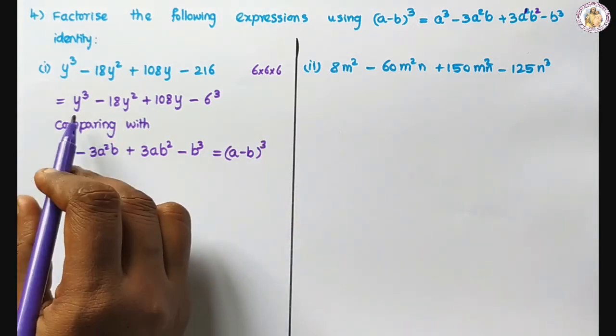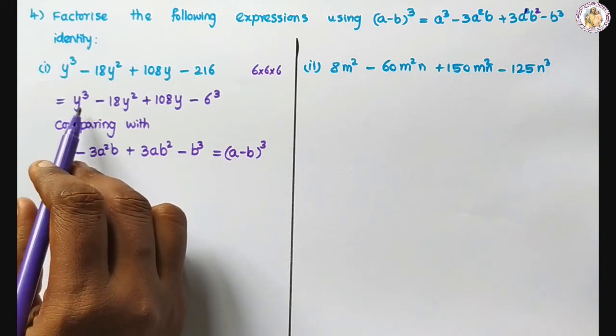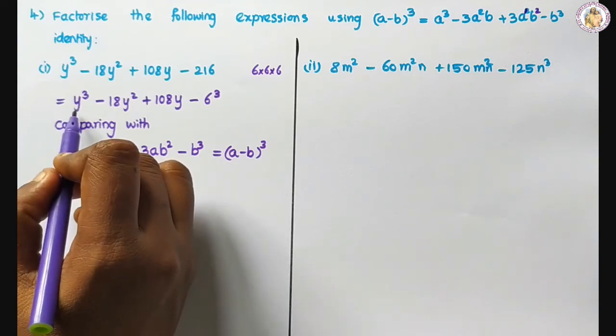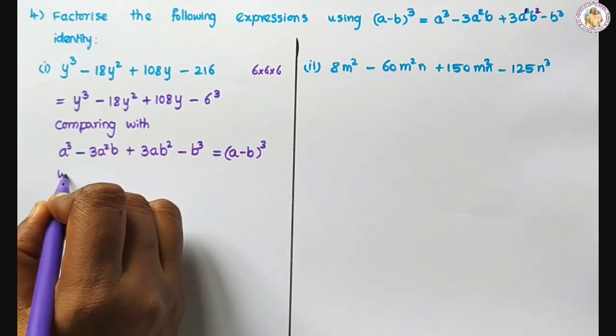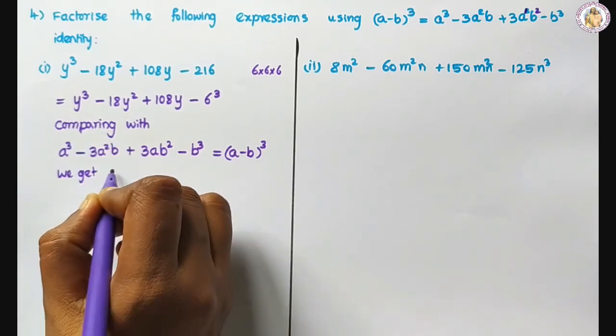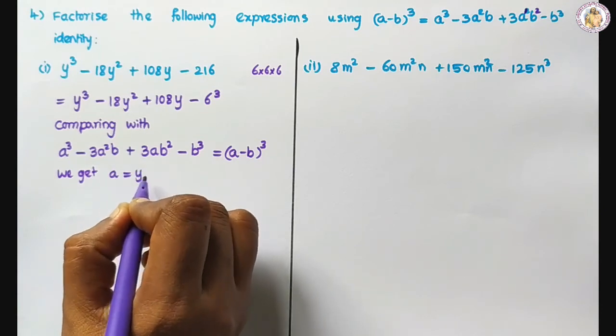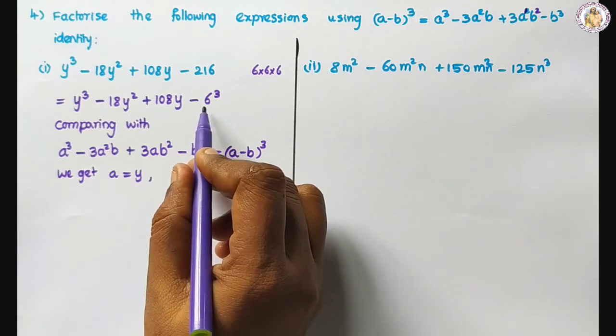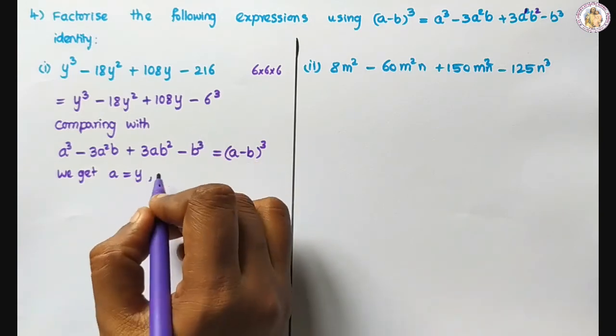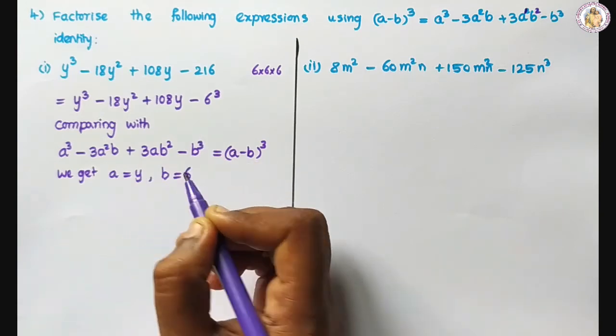Listen, comparing this a cube and y cube, instead of a we are given y, so we get a equal to y. Here b cube is 6 cube, instead of b we are given 6, so b equal to 6.